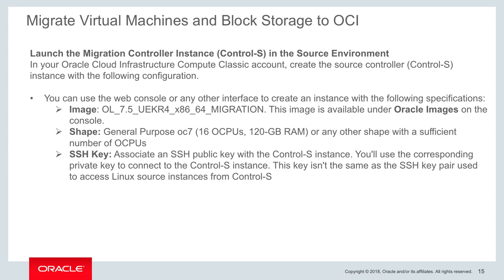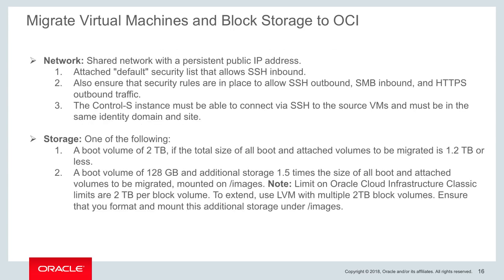Associate an SSH public key with the Control S instance, and you'll use the corresponding private key to connect to the Control S instance. This key isn't the same as the SSH key pair used to access Linux source instances from Control S. While creating the instance, make sure that you select the shared network with a persistent public IP address and use the attached default security rules that allow SSH inbound access.